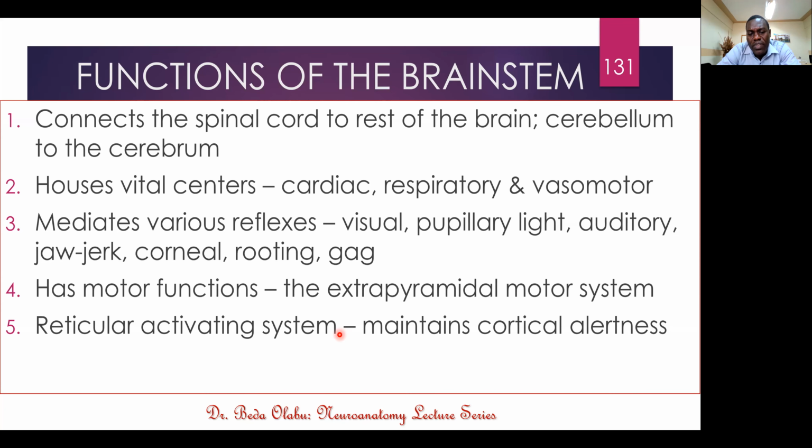So the reticular activating system maintains alertness by activating the cerebral cortex. It explains why, if a patient has brainstem disease, some of them will go into stupor or coma, because now the activating system has been inhibited. They might appear drowsy, they might be in stupor, they might be in coma.